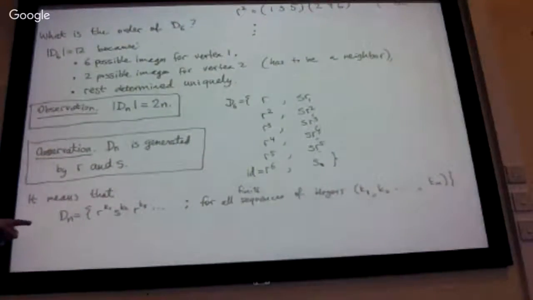You prescribe your exponents. They can be negative because then you're taking powers of the inverse. They can be positive. They can be 0 as well. Then you're just skipping it.